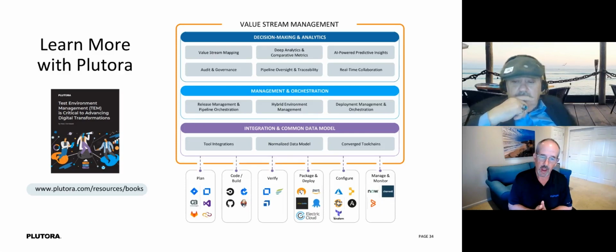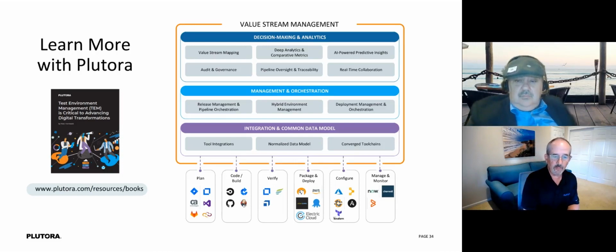I saw a great quote the other day that people are interested in exchanging education for capabilities. So where are the things that they can invest in from a capability point of view to have the biggest advantage? How do they take advantage of all of the research and learnings that they've done to address the key pain points? And environment management is a huge one. I mentioned something like a third of the people come to Plutora looking for that.